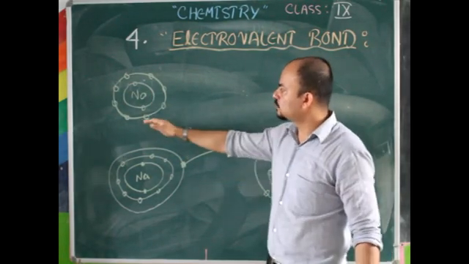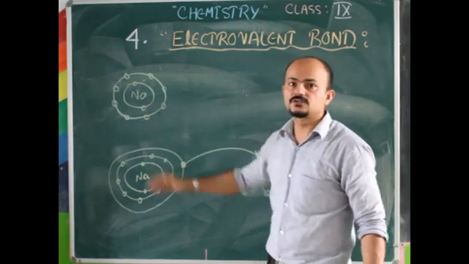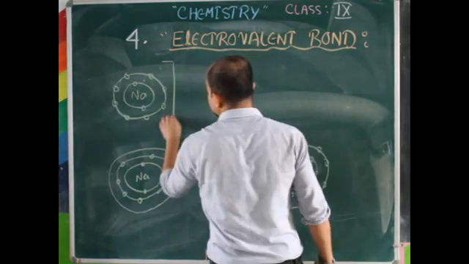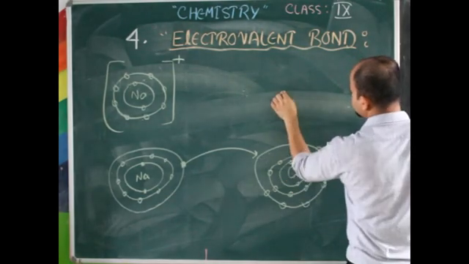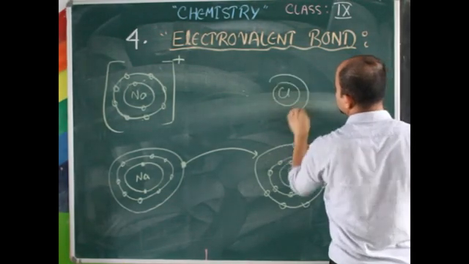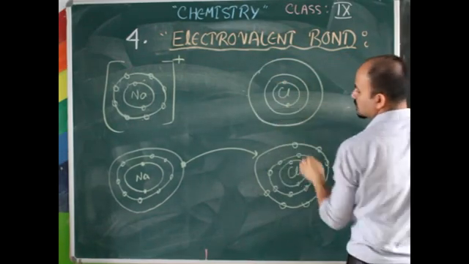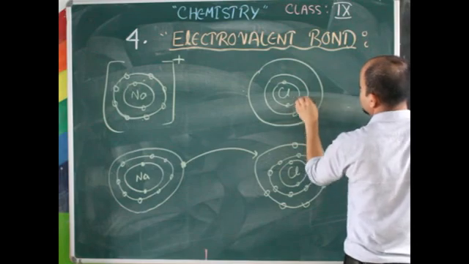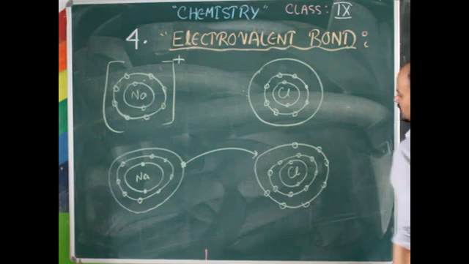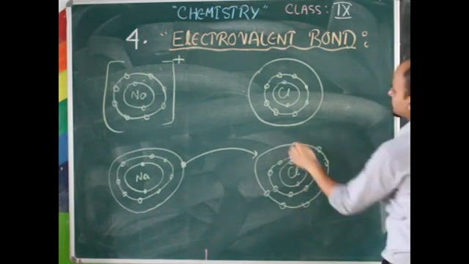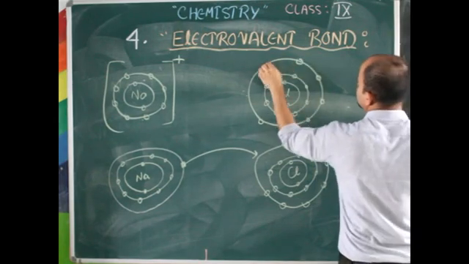Once it loses 1 electron, since previously it was neutral, now it will convert into a positive charge. Similarly, for chlorine, the first cell, the innermost cell, contains 2 electrons, then 8, and the outermost previously contained 7 electrons, 1, 2, 3, 4, 5, 6, 7.